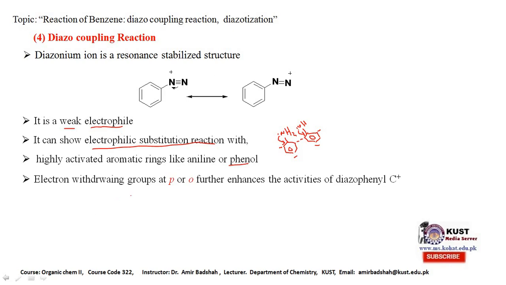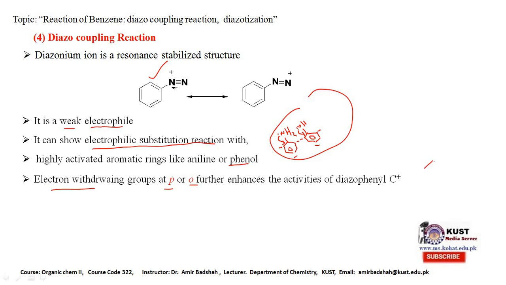Electron withdrawing groups at the para position further enhance the reactivity of the diazophenyl carbocation. These are the nucleophilic partners, but how to enhance the reactivity of these diazonium ions? The diazonium ion reactivity can be increased when there are electron withdrawing groups present at the para position or at the ortho position.